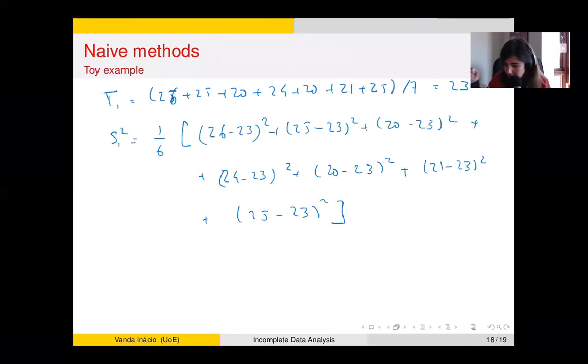So hopefully I put all the numbers correctly, and this is rounded to 2 decimal places, equal to 6.67. And okay, I have computed the mean of y1 and the corresponding sample variance.